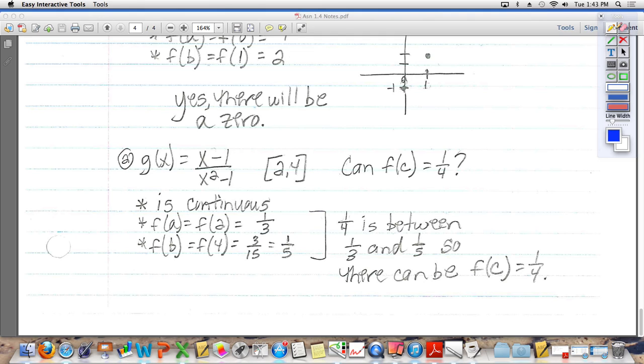When you graph this, you get a graph that kind of looks like this. Would you agree? Graph looks like this.